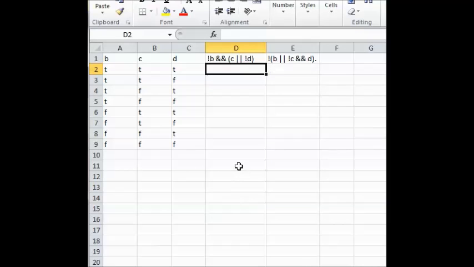Okay, in this first situation, not B, both of these have to be true. So not B would make these false. Everything, the first four would be false, no matter what the other side says. So, and C or not D. So C or not D, true, true, so that makes this one true.